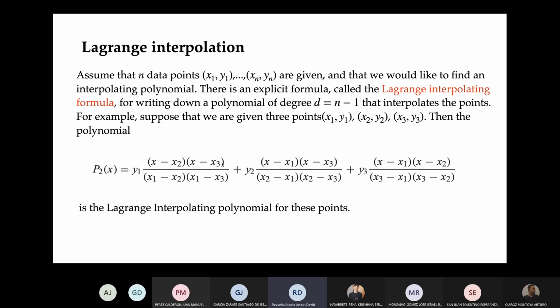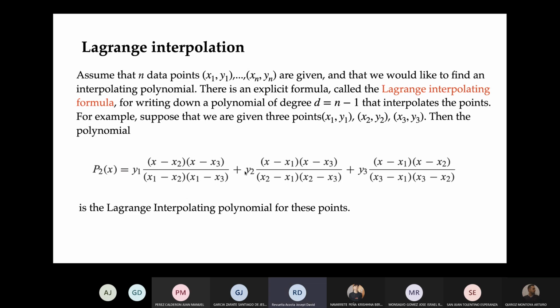In the numerator, you always have x minus the values of the other points, not the one sharing the index with y1. For example, with y1 we have x2 and x3, and because we are omitting x1, in the denominator we only have x1 minus x2 and x1 minus x3. So this is the pattern.